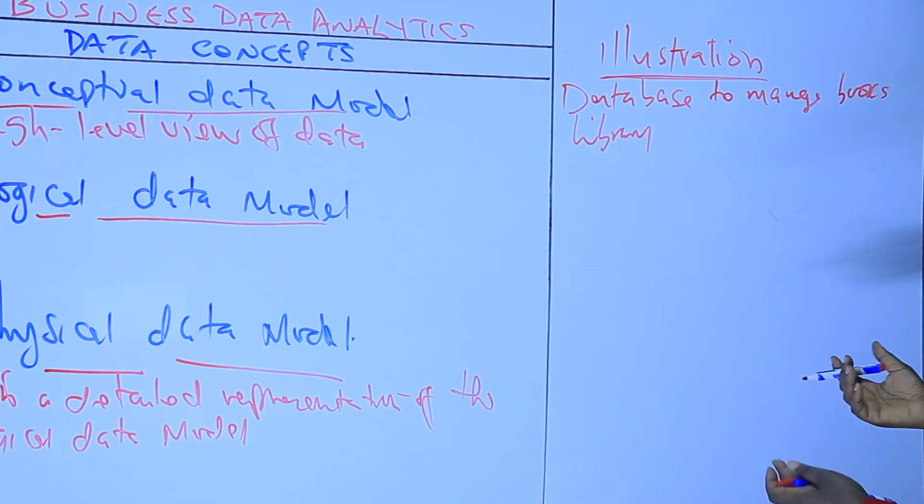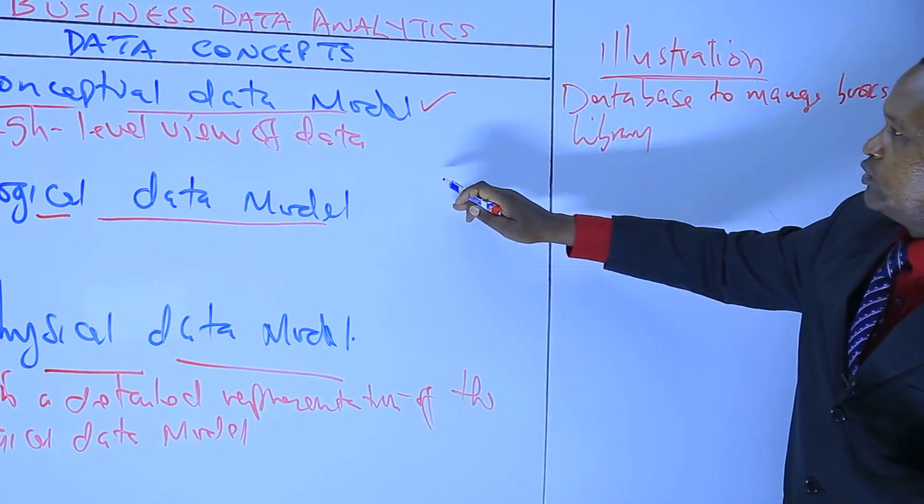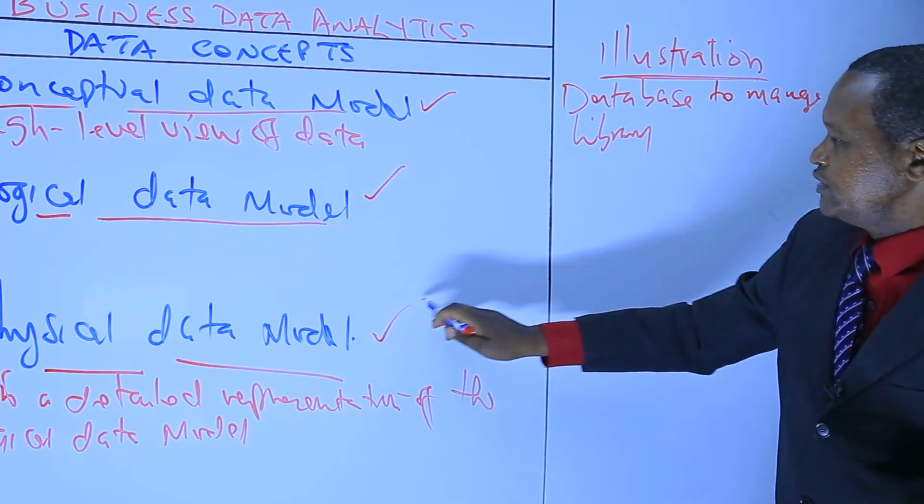That's what we want to illustrate. We want to illustrate the three models, that is the conceptual data model, the logical data model and the physical data model.